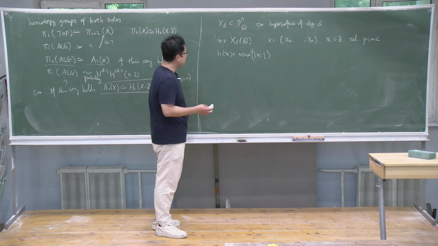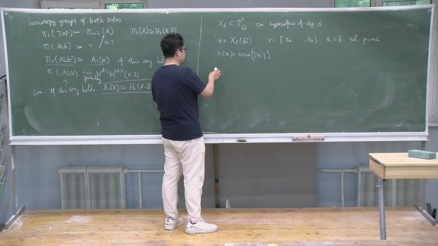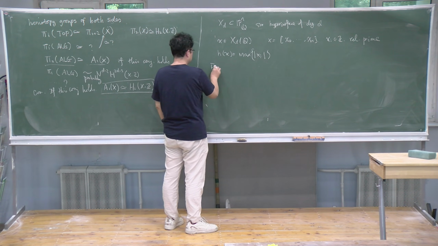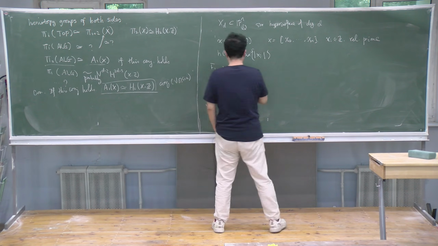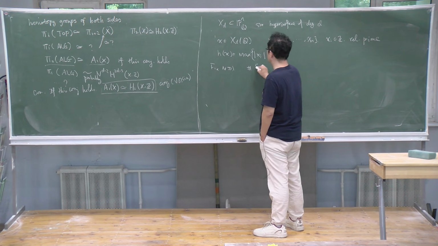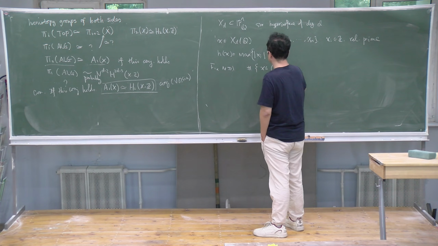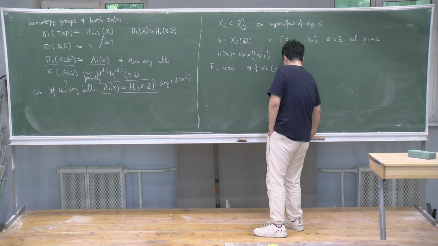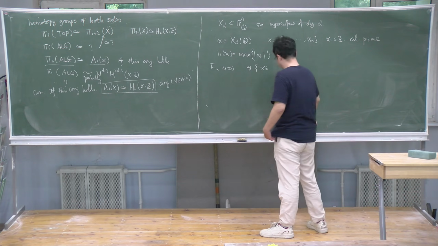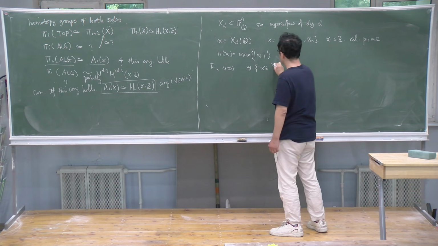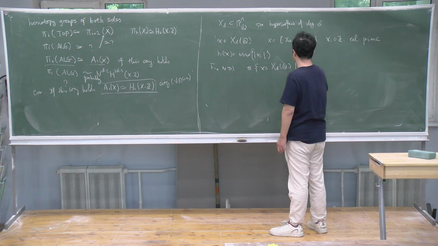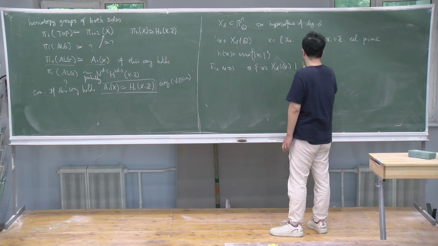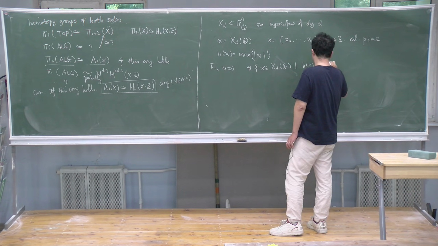Okay, so now of course I would like to understand this. So fix n really large. I want to understand the number of points x in X_d(Q) such that the height is at most n.